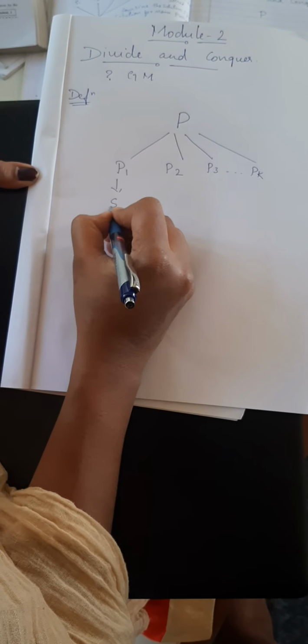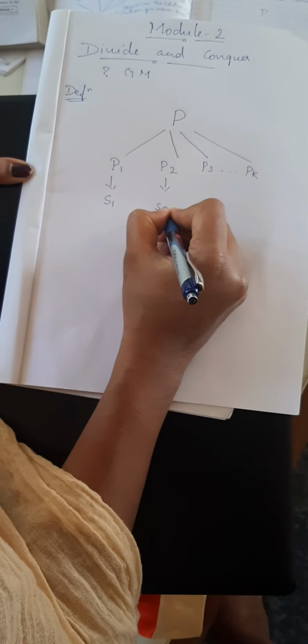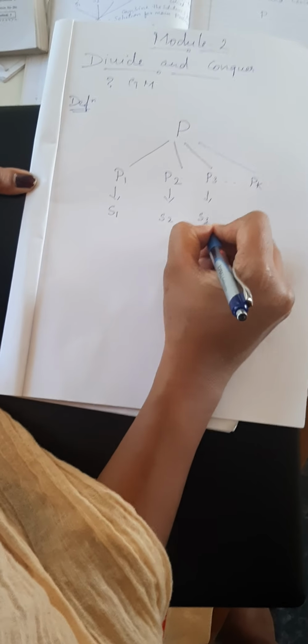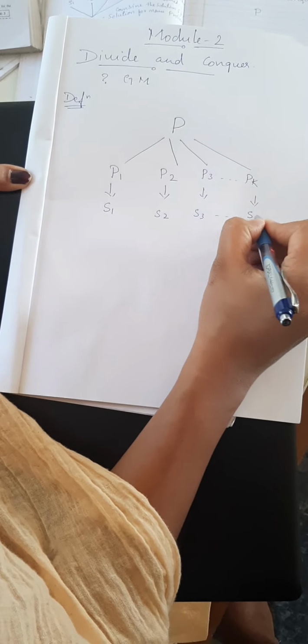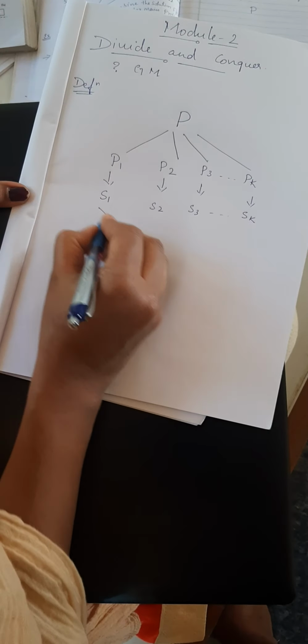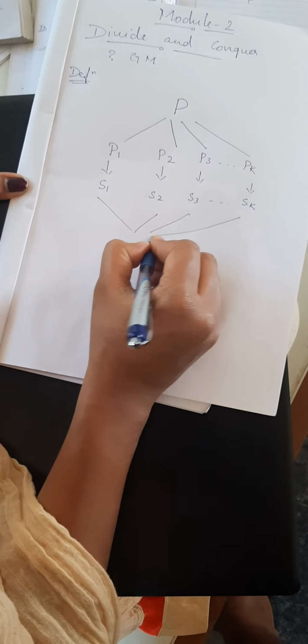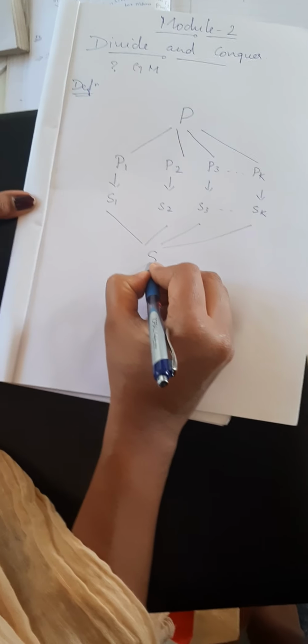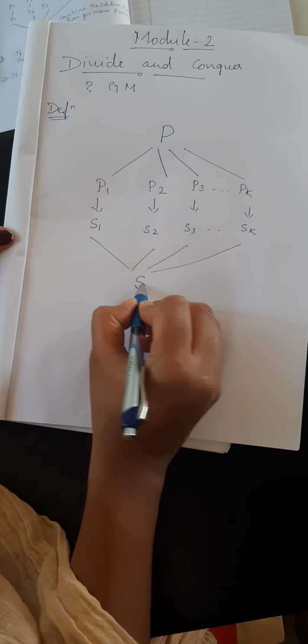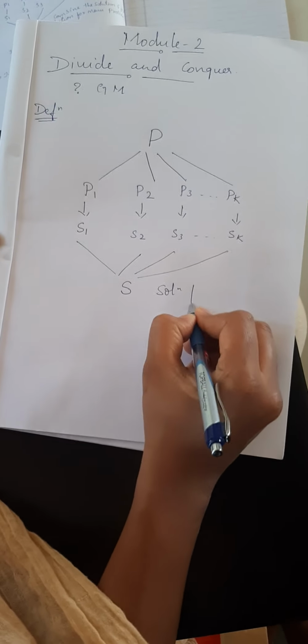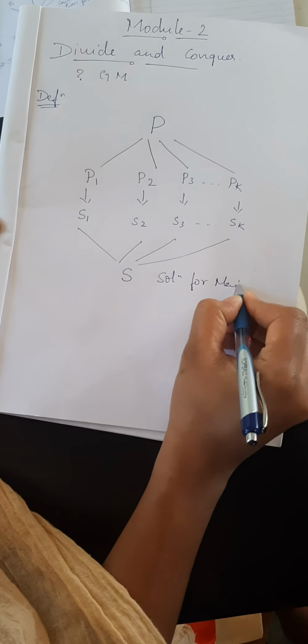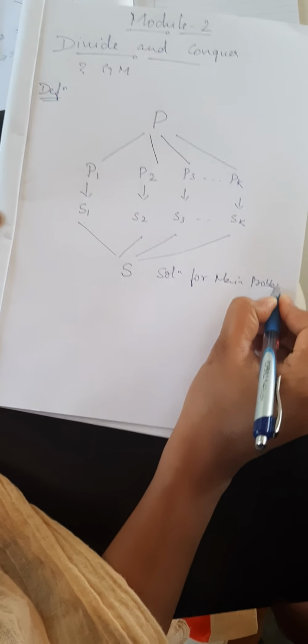So we call this as solution 1, solution 2, solution 3, so on, solution K. After this, we'll combine all these solutions and we call it as S. This will be the solution for main problem, that is P.